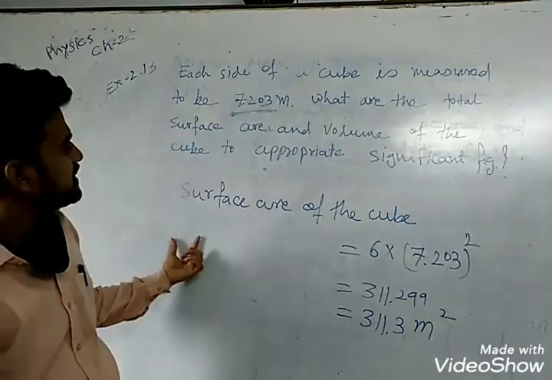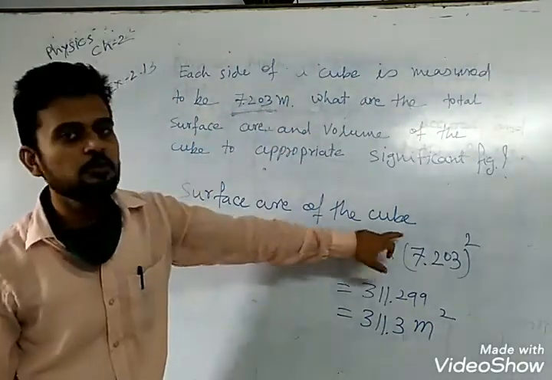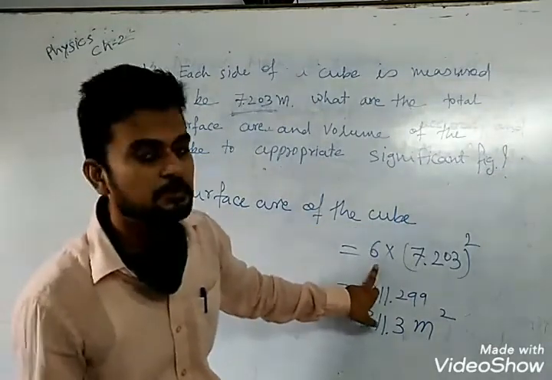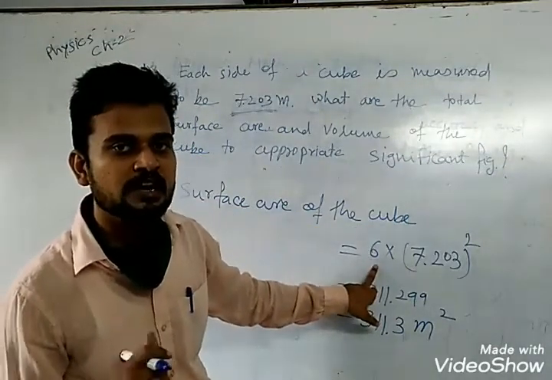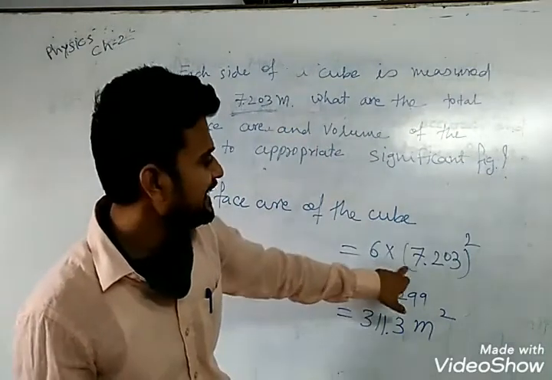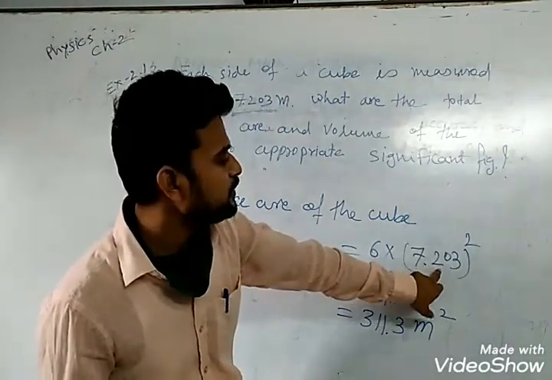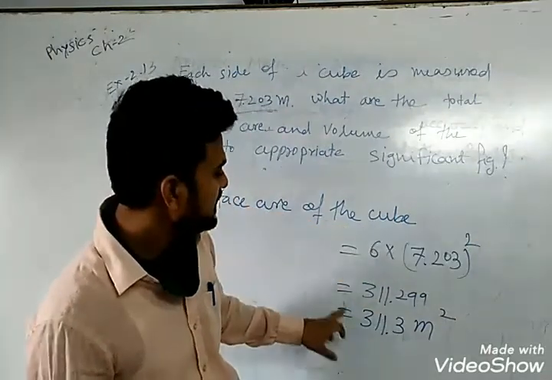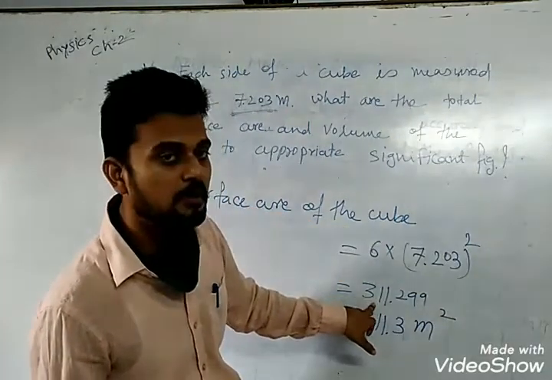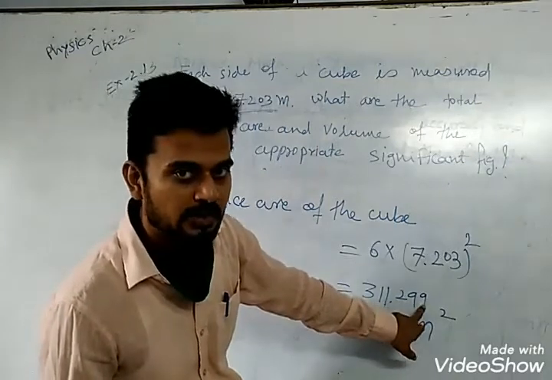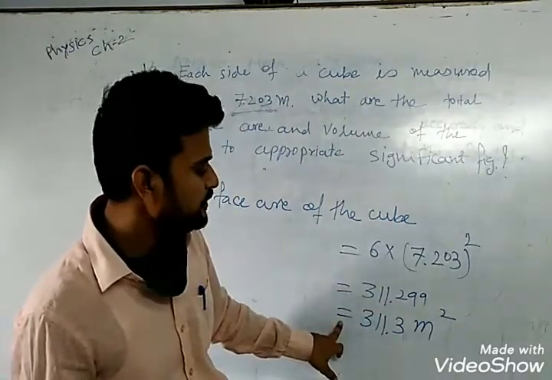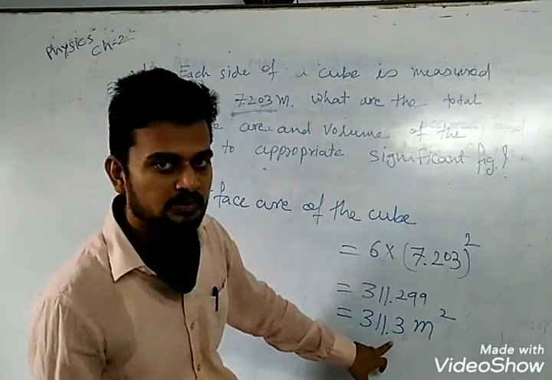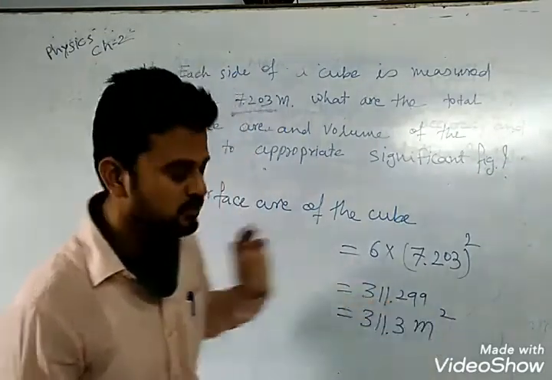So first, surface area of the cube is equal to 6, means total 6 sides for a cube, into 7.203 square, is equal to 311.299. So rounded value is 311.3 meter square.